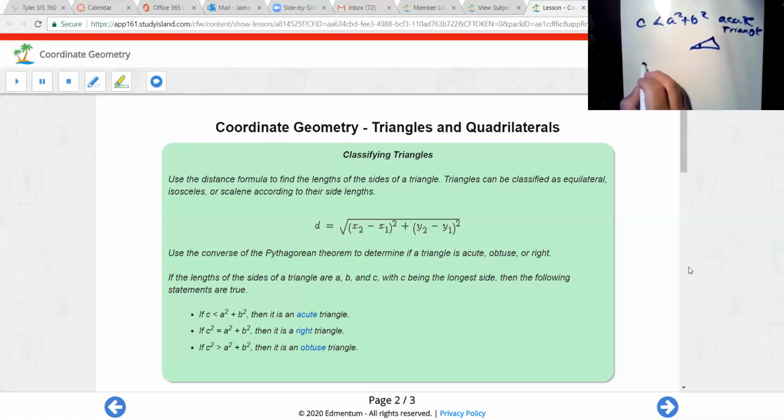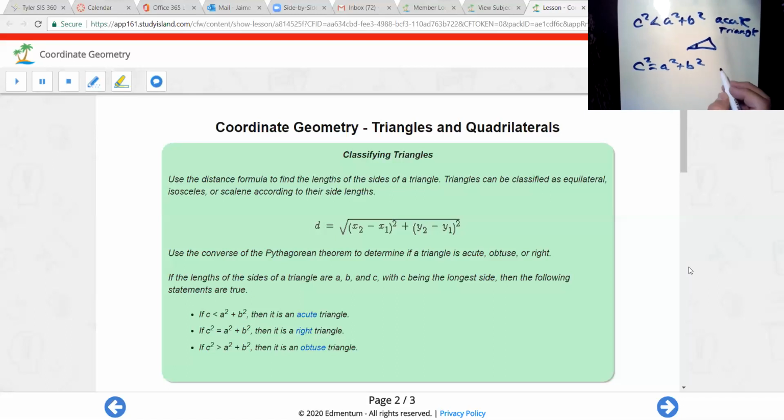What happens when C squared is equal to A squared plus B squared? We get a perfect right triangle. What happens when C squared is greater than A squared plus B squared?